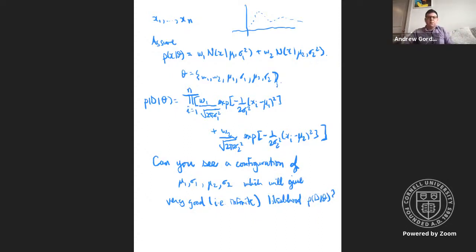So if we just look at this expression and we play around with it a little bit, can we come up with some setting of those parameters which will give us really, really good likelihood? Maybe just take a minute and think about it.